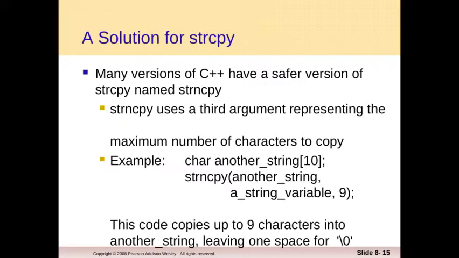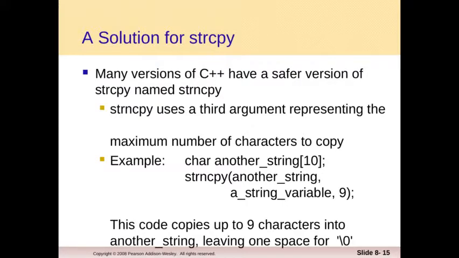What this function, strncpy, does is copy again from the second argument, character by character, to the first argument until it either reaches the \0 or it has copied this many characters, whichever occurs first.